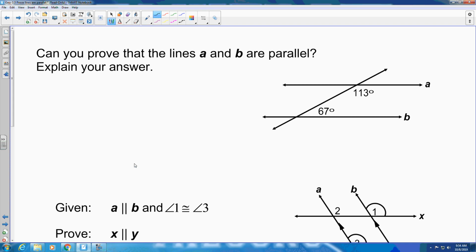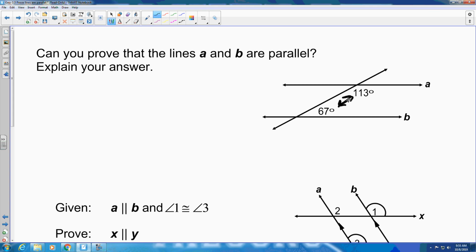So looking at this first example here on this page, we have a diagram. They want us to prove that A and B are parallel. So if A and B are parallel, something has to hold true with one of those converse theorems. What we are given is 113 degrees and 67 degrees.